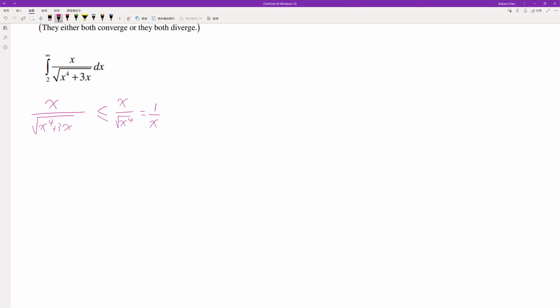Because when x is large, this 3x is not going to affect the x to the fourth that much. Okay? Now we have shown that we have taken a bigger function, but we know that the integral going from 2 to infinity of 1 over x dx diverges. So in this case, the direct comparison test is not working, right?